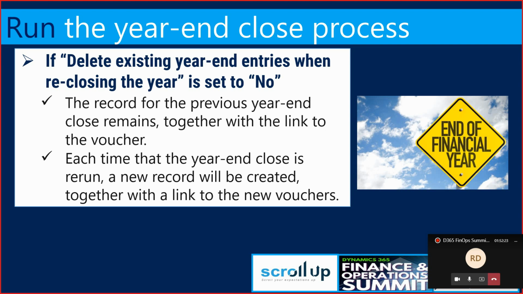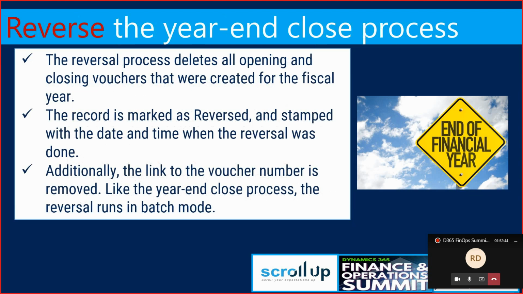That's the easy part. If yes, the voucher is removed and a new one is generated again. If set to no, the entry keeps the old voucher and a new voucher is created for the difference only.